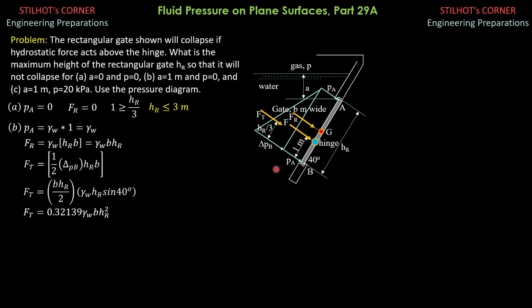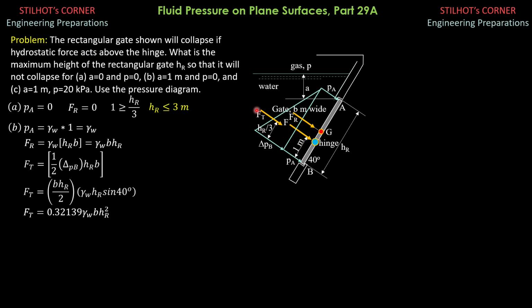Because F, the resultant, passes through the hinge, that means the moment of the resultant is equal to the sum of the moments of its components. I'll just treat the moment of Ft to be counterclockwise positive and the moment of Fr negative, or we simply equate moment of Ft to moment of Fr about the hinge.